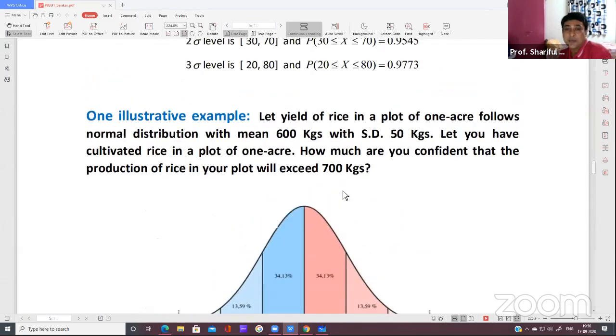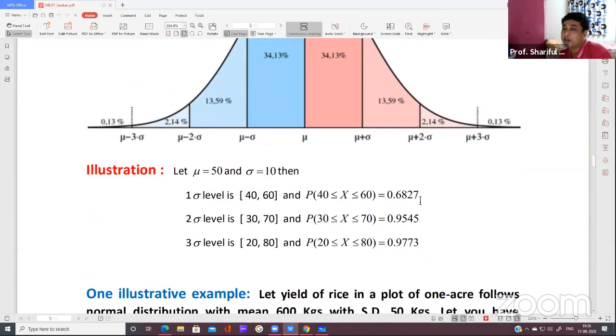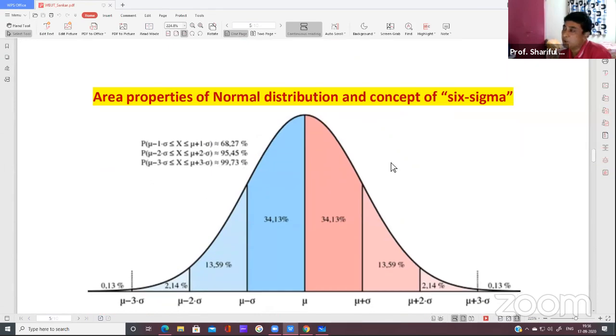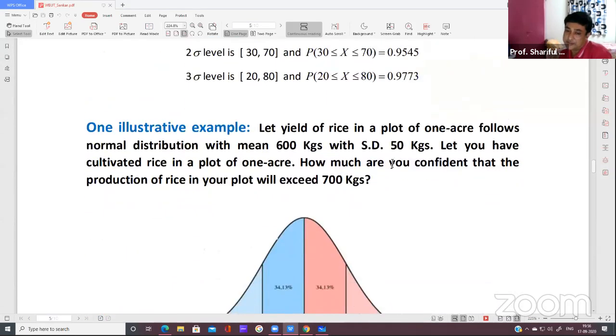Within 1 sigma level, it is covering 68.27%. 2 sigma level, it is covering 95.45%. Within 3 sigma level, it is covering, this is not 97, it will be 99. Here, this is the correct figure, 99.73%.